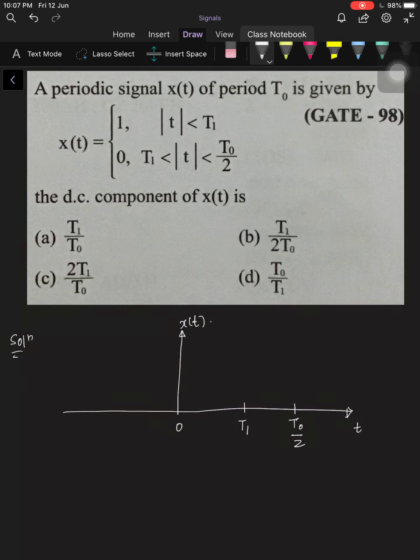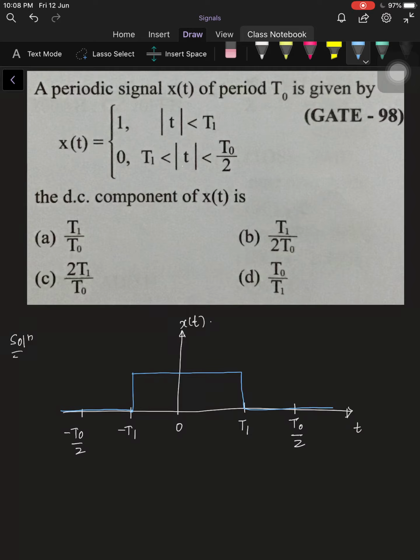And since there is a mod here, there is just a reversal of the values, minus t1 and minus T naught by 2. So if we were to plot the signal, it is as simple as that. As I have said, just plotting the signal solves 50% of our question.